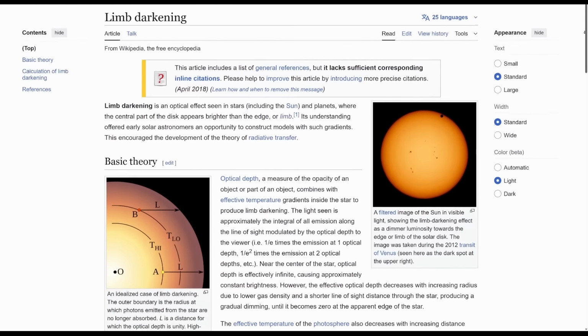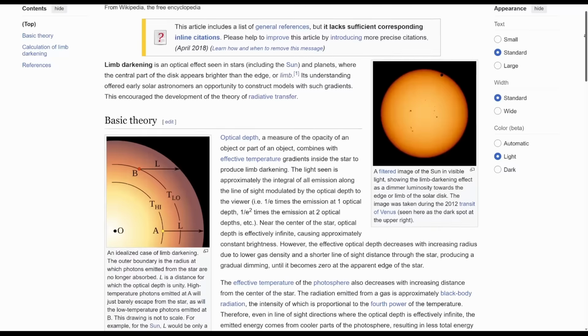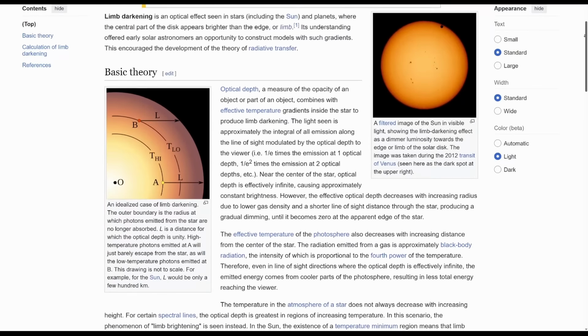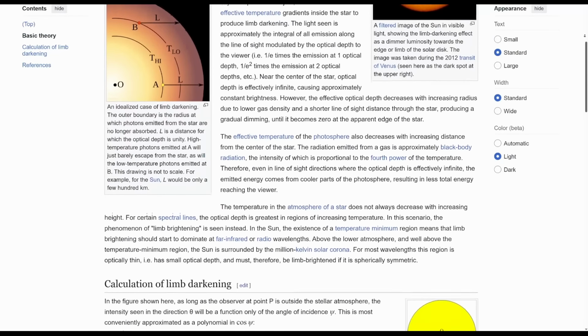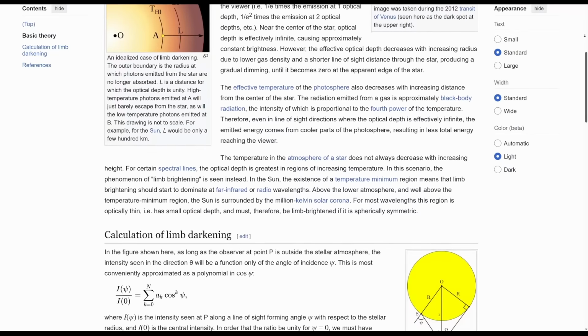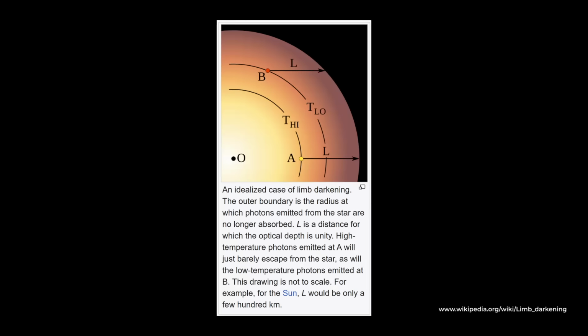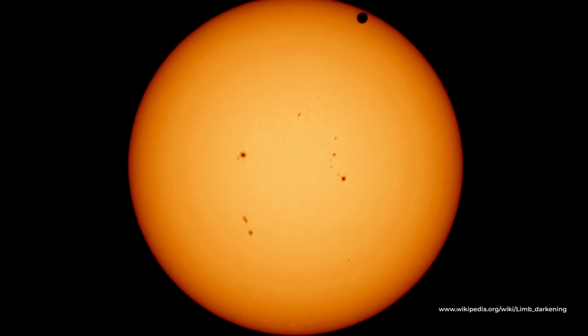This Wikipedia article explains that when you're looking at a star, for example, the photons from a certain distance within the atmosphere of that star have a certain luminosity because of the heat that they contain. But when we look at the edge of the star at the same depth, those photons aren't quite as hot, so it appears dimmer.